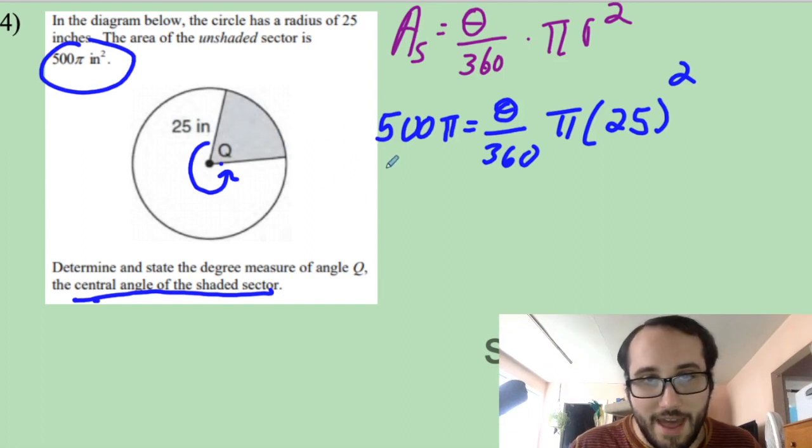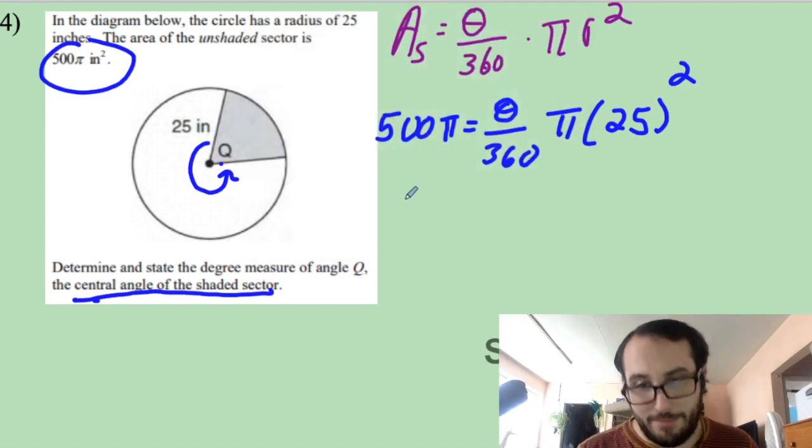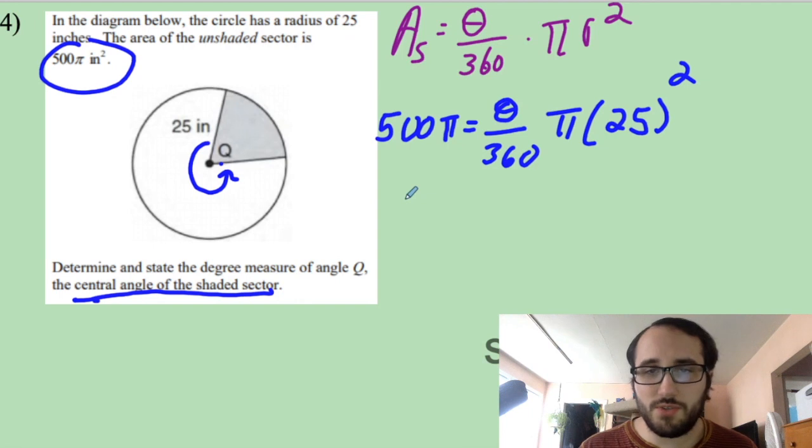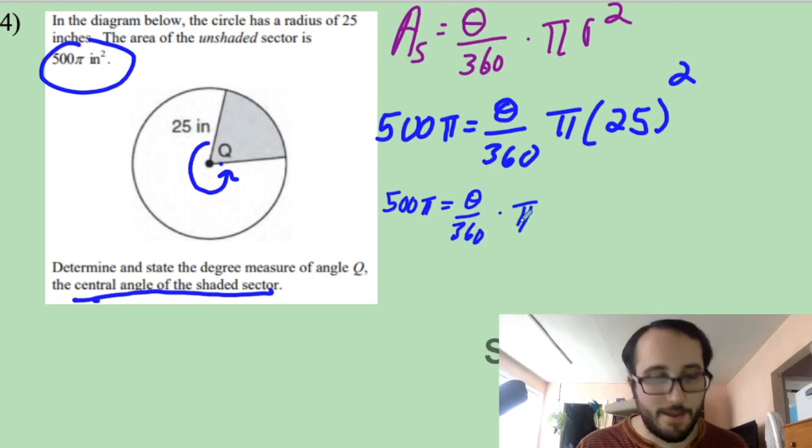So I have the following, and I'm going to explain my steps. There are a lot of ways you could do this, so just bear with me and follow along. So we got 500 pi equals theta over 360 times pi times 25 squared.